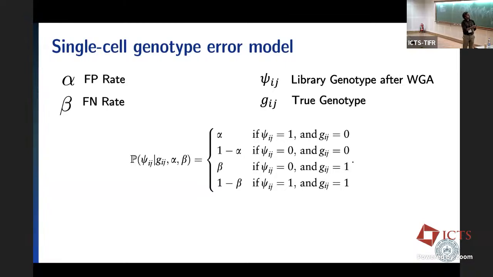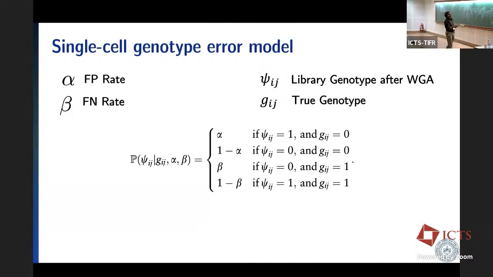So that conditional probability will become alpha. Otherwise, it is 1 minus alpha. So it's a simple Bernoulli distribution that we are looking at. In the other case, if the true genotype is 1, that is, the cell at that particular position contains a mutation, and psi ij is 0 or 1, then if psi ij is 0 and gij is 1, we can model it using beta, because beta is just the false negative probability, right?